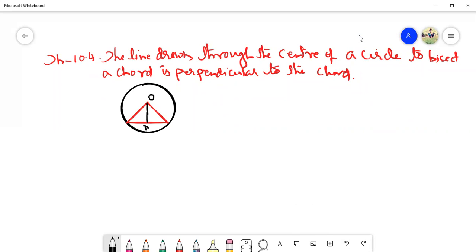OD is a line, not perpendicular. This is bisecting the chord AB, and we have given it bisects the chord, means AD is equal to DB. And we have to prove that OD is perpendicular. So this is the converse of the previous theorem.